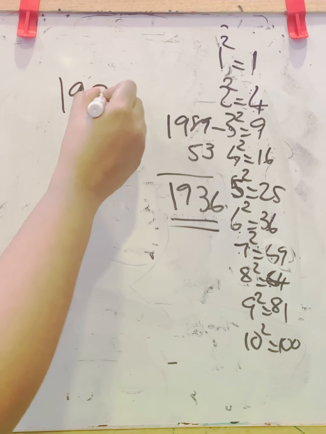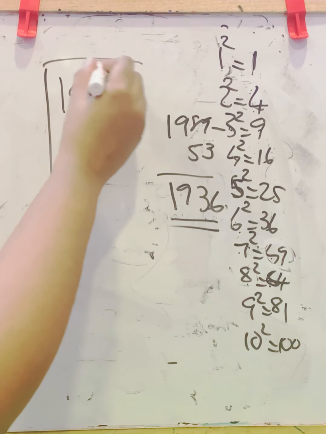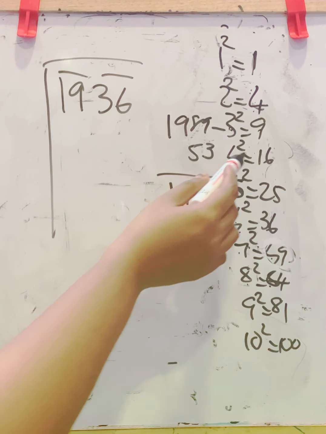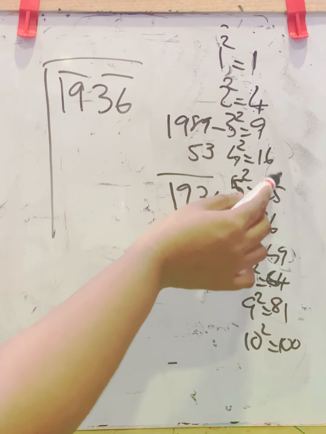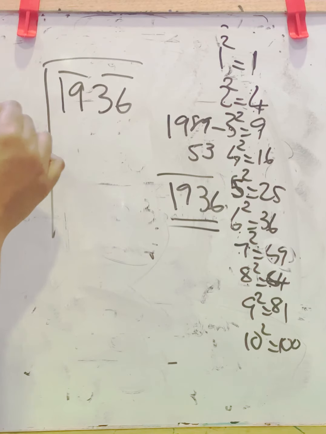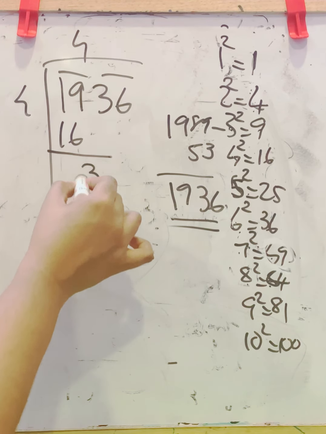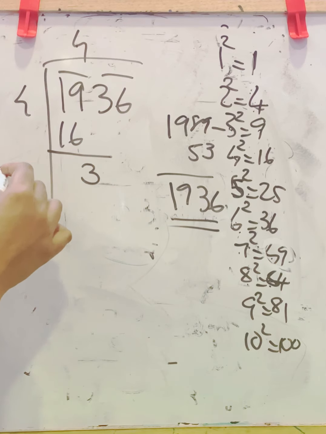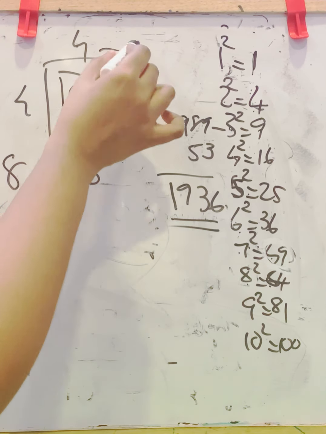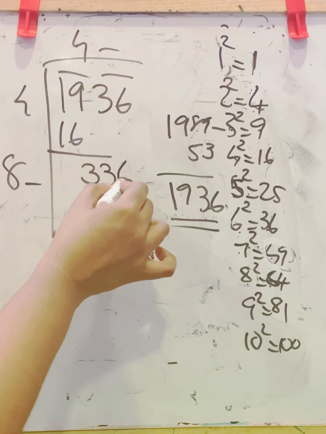Now the square root of 1936. Pair it. 19 lies between the squares of 4 and 5. So 4 into 4 is 16. Balance is 3. Here doubling this, you will get 8 dash dash. Carry down this 36.